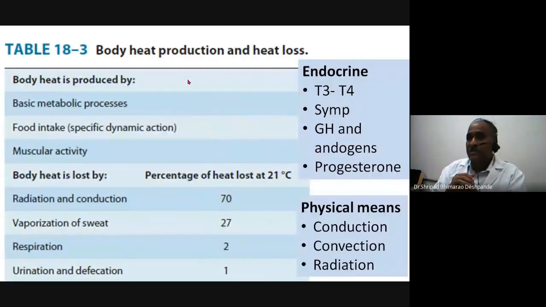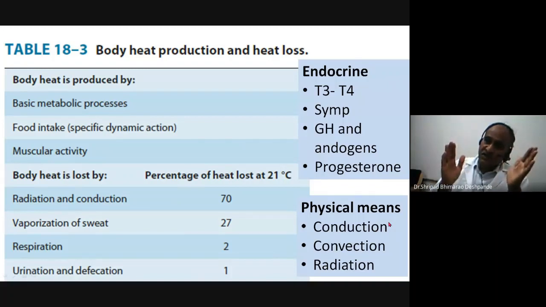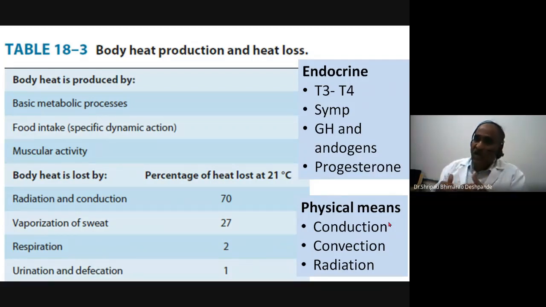Now coming back here, so now heat production and heat loss. Let us understand heat production and heat loss. Before we consider this aspect, we take up the physical means. We, as an object in this universe, are matter. Our body is matter, and this matter receives or gives away heat by three physical means: conduction, convection, and radiation.